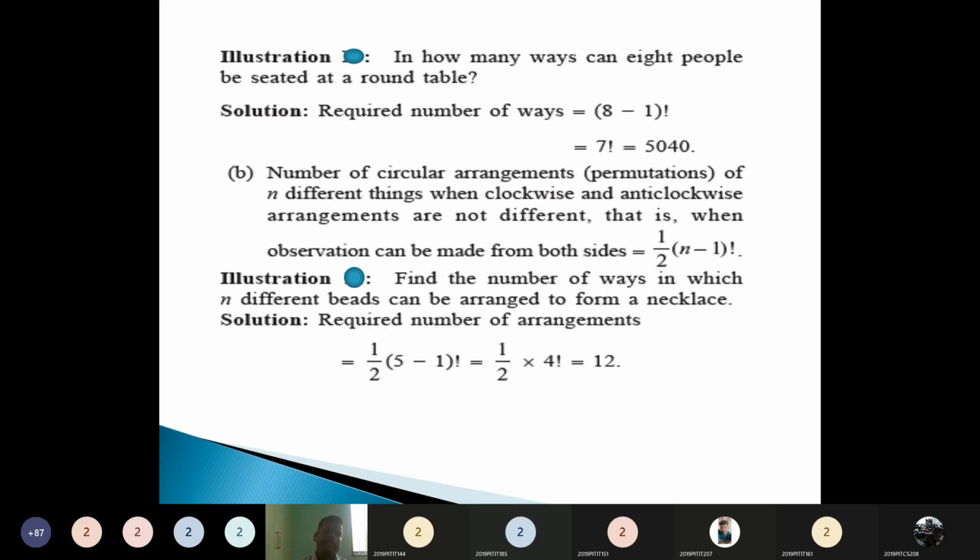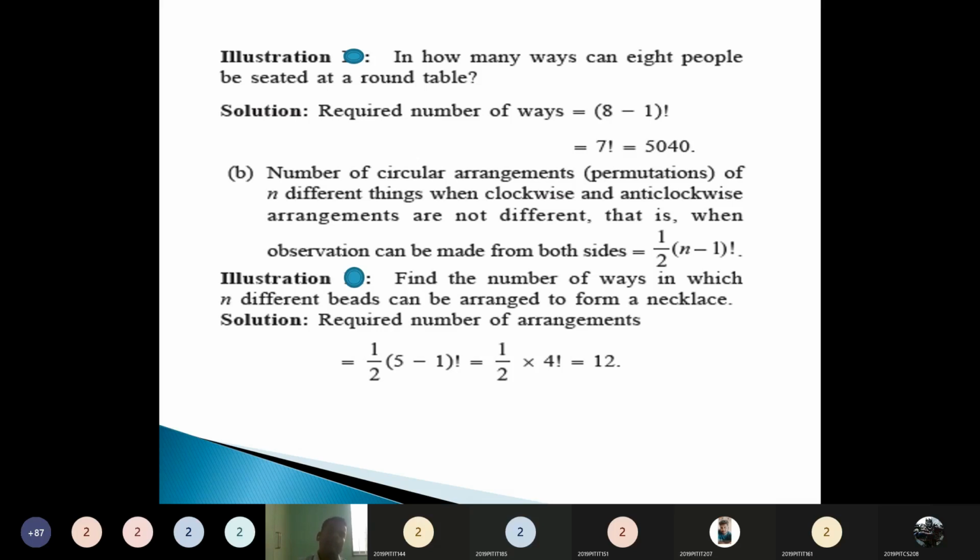So find the number of ways in which n different beads can be arranged to form a necklace. N different things arranged to form a necklace. Here n equal to 5 they are taking. So the required number of arrangements, n equal to 5, is 5 minus 1 factorial.